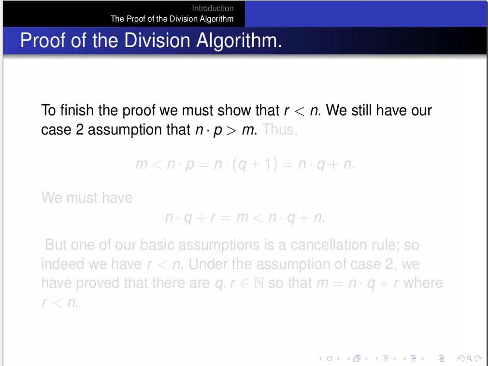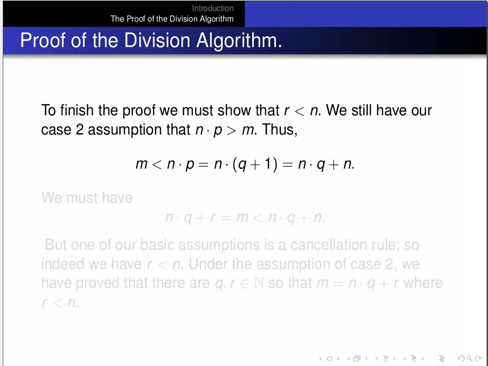Now we still have our case 2 assumption, that n times p is larger than m. So let's chase through a quick calculation with this. m is smaller than n times p. p is equal to q plus 1, so we can multiply n through q plus 1, and we see that m is strictly smaller than n times q plus n.